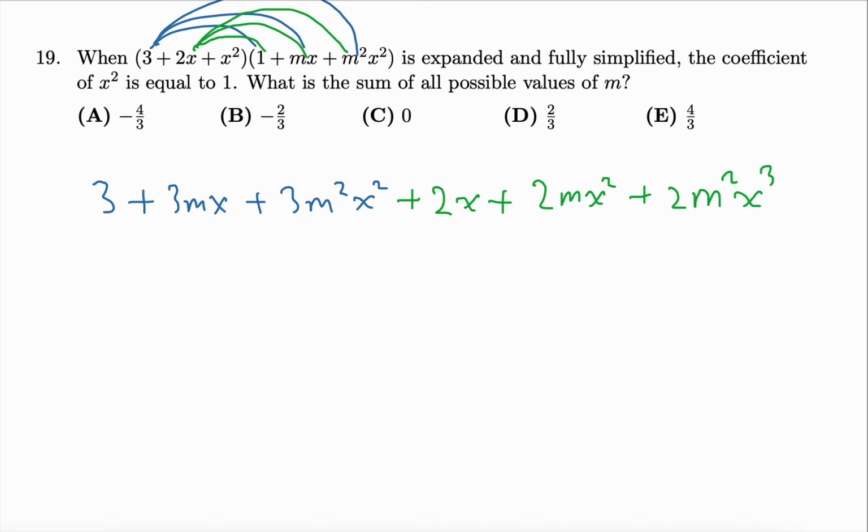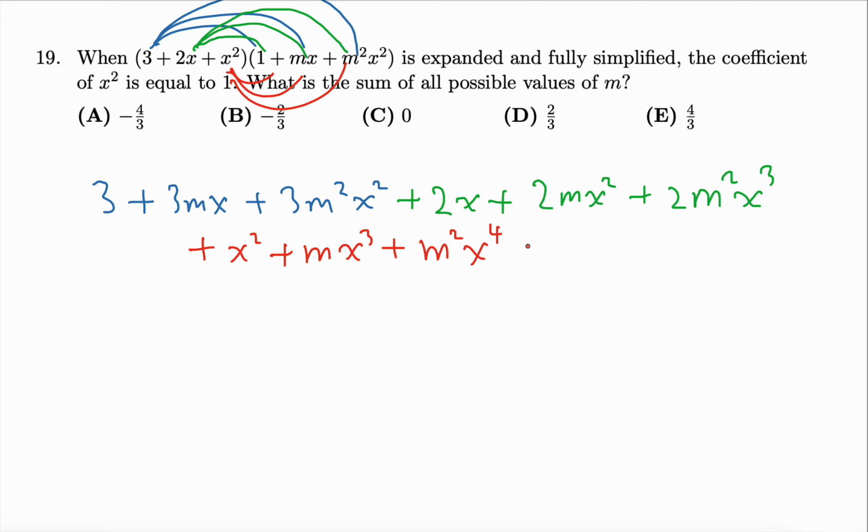And I'm going to use a different color again for the last one. So that's going to be x squared plus mx cubed plus m squared x to the 4th power.